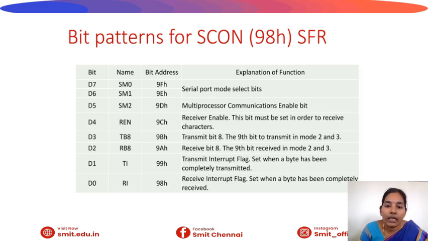These are the addresses of the bits. 9FH is the bit 7 address. Bit 6 address is 9EH. D5 address is 9DH. D4 address is 9CH. D3 address is 9BH, and D2 address is 9AH. D1 address is 99H. D0 address is 98H.